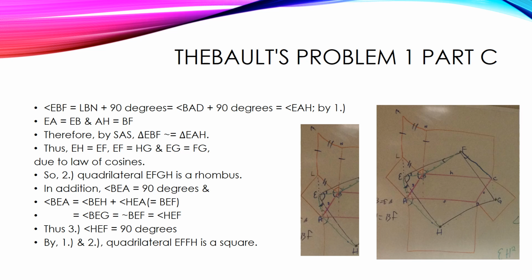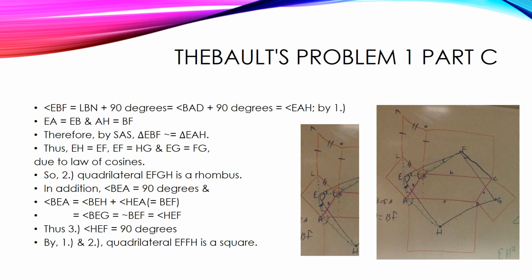We'll come back to it later. So we have side EA equal to side EB, and side AH equal to side BF. Therefore, by the side angle side criteria, triangles EBF and EAH are congruent to each other.